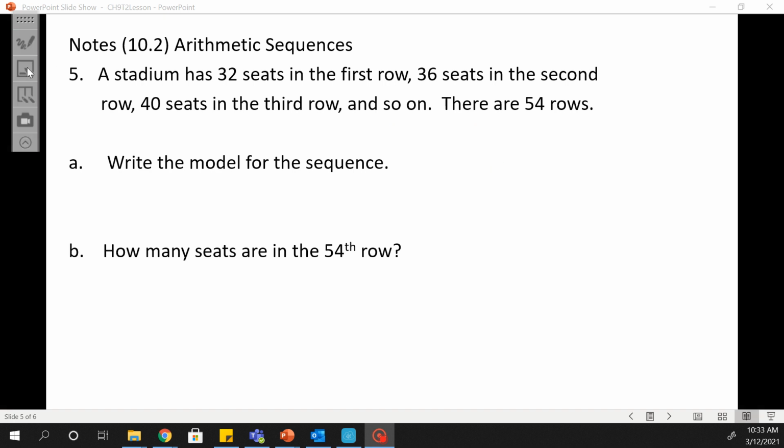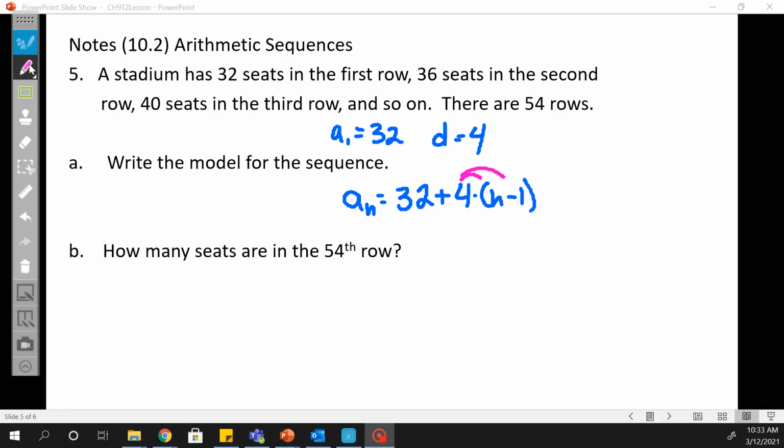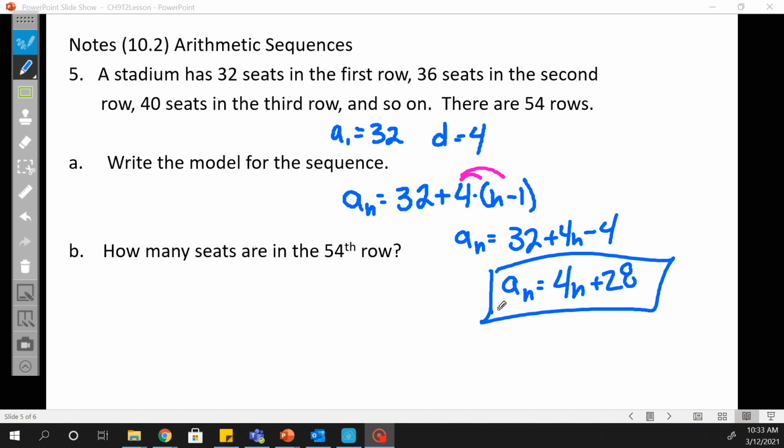Distribute to put it into standard form. So the nth term is equal to 32 plus 4n minus 4. Combining like terms, we get 4n plus 28. So this will give us any term in the sequence. Well, it turns out we want the 54th term.